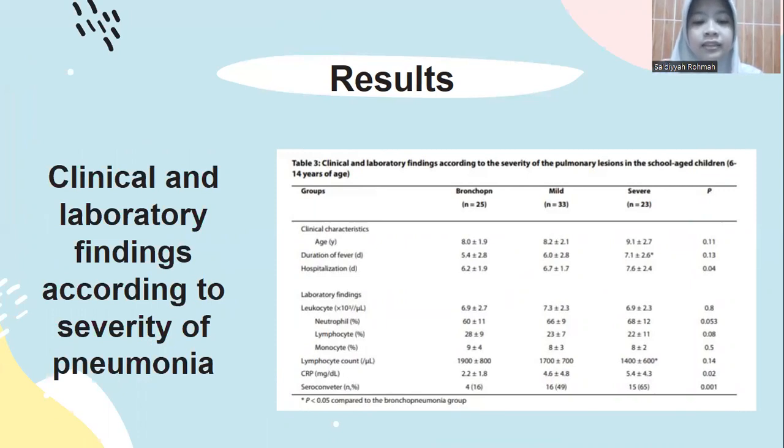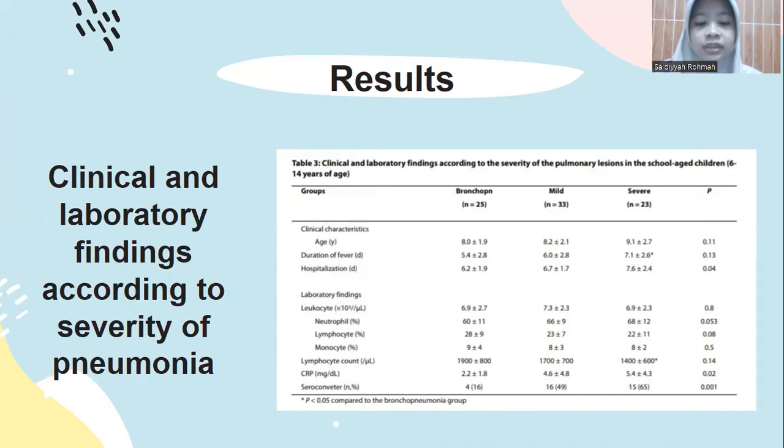Next, clinical and laboratory findings according to severity of pneumonia. They analyzed the clinical and laboratory parameters of the subgroup of 81 older children aged more than 6 years. They divided and evaluated the school-aged children into 3 groups according to severity of pneumonia.